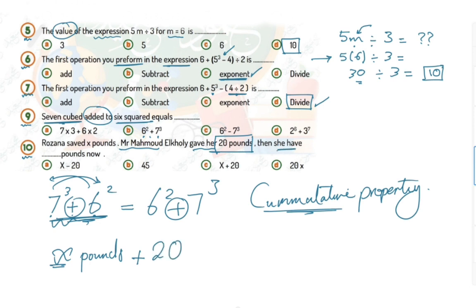How many pounds does she have now? She has the X from the first, then she has 20. Now she has X plus 20. X plus 20 is the right choice. Now we finished the first question, choose the correct answer. Let's continue to the next question.